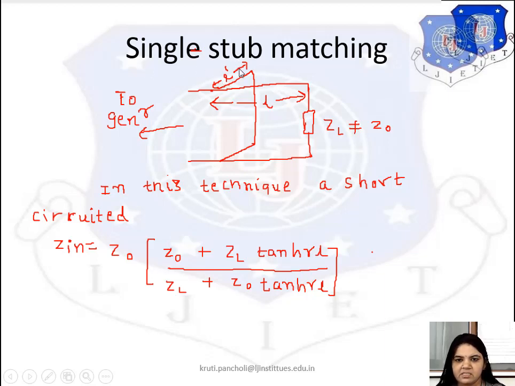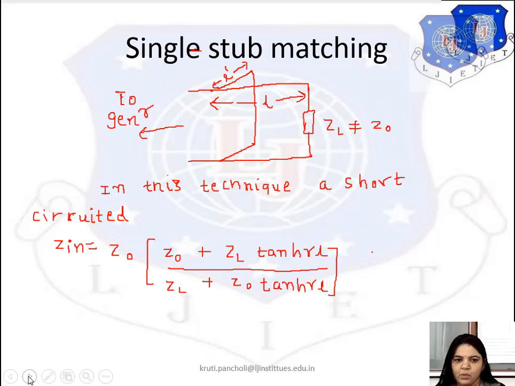Now we want to find the impedance matching using a single stub. Here ZL is not equal to Z0, so impedance matching is required. For any short circuit line, the input impedance of the device is Zin = Z0 (ZL + Z0 tanh γL) / (Z0 + ZL tanh γL).